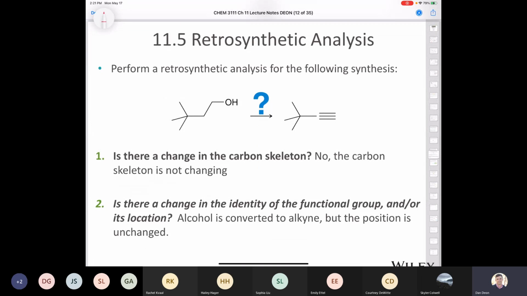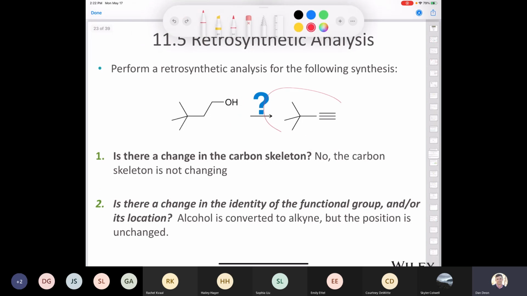Let's say you wanted to do this reaction here, or this synthesis. You want to take this primary alcohol and convert it into this alkyne. Well, it might not look that simple at face value. But if you start with the alkyne and think, how many ways do I know how to make an alkyne? Really, you've only got one thing at your disposal.